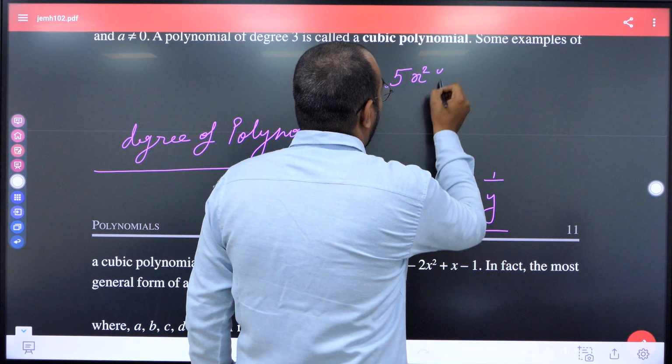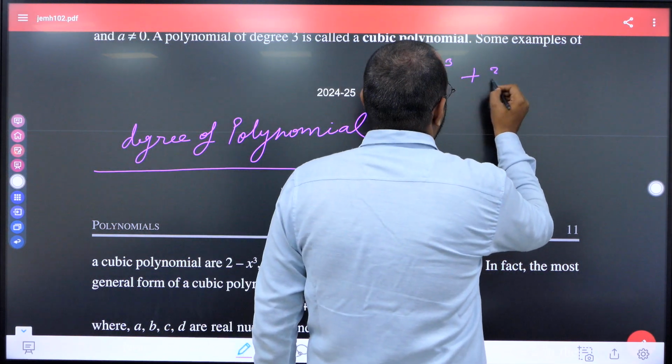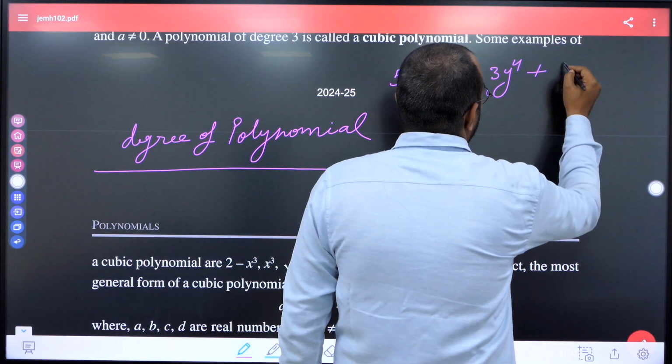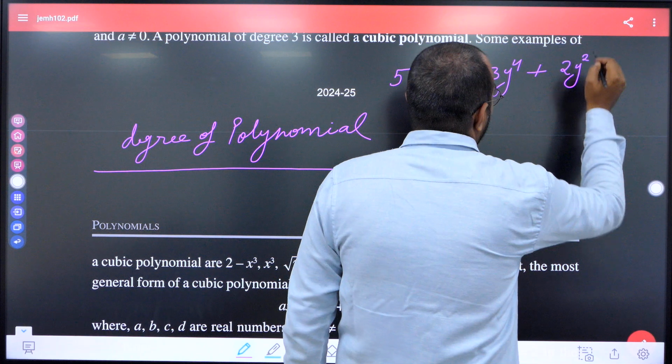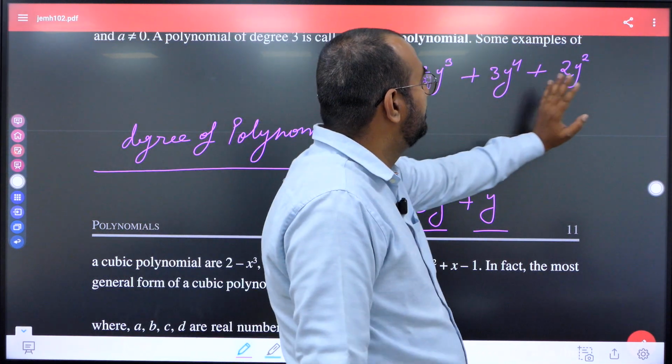5x square y cube plus 3y power 4 plus 2y square. Now we have to check the degree of this polynomial.